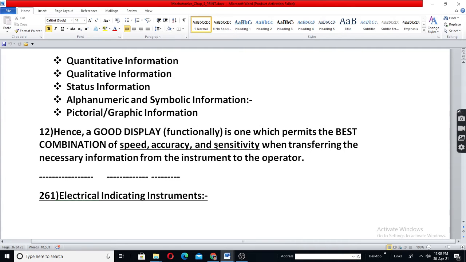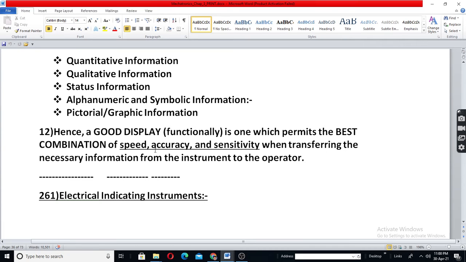It should have good sensitivity, meaning for a small change of current, the display should show the variation properly. It should be accurate also. And speed also: the needle should not oscillate or move very slowly, like over damping or under damping. So it should be critical damping.